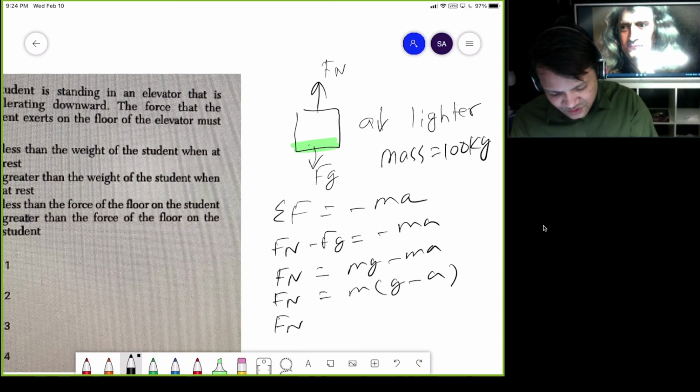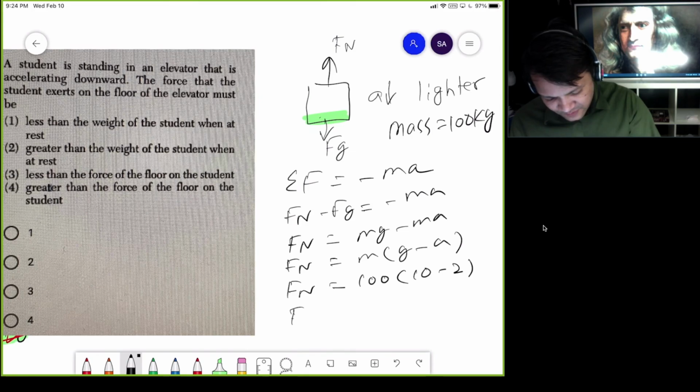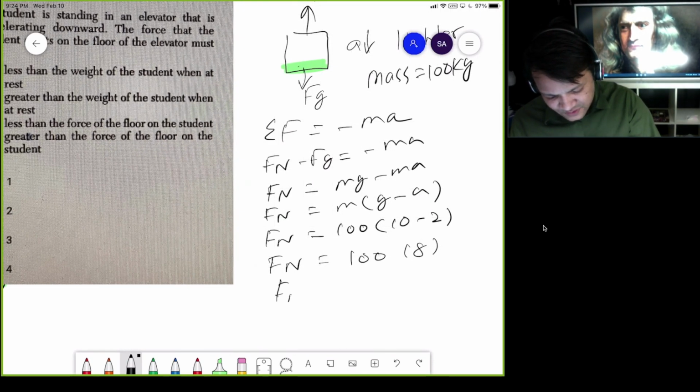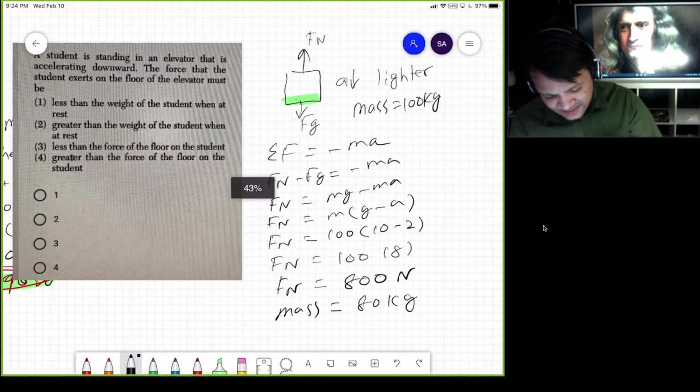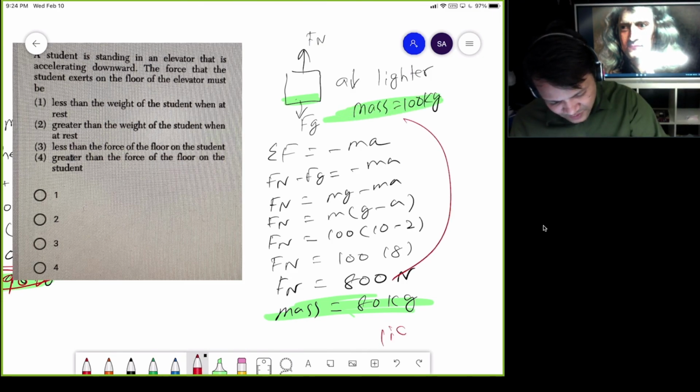So Fn equals m, which is 100, g is 10, and a is 2. So Fn is 100 times 8, which is 800 Newton. That means the scale will read only 80 kilogram, which is less than 100 kilogram, so the person feels lighter.